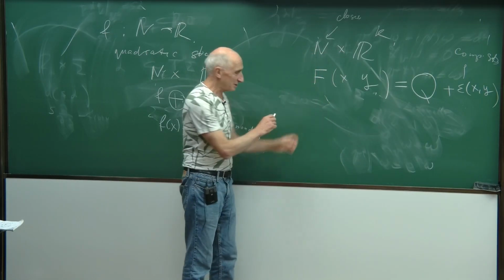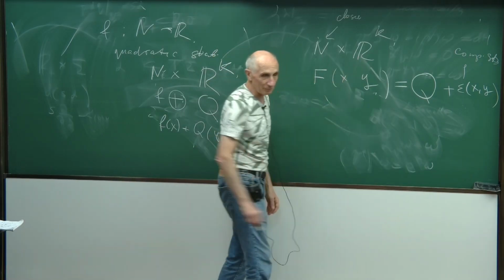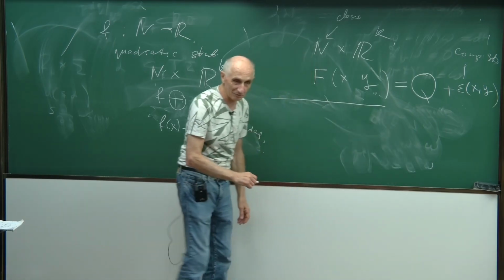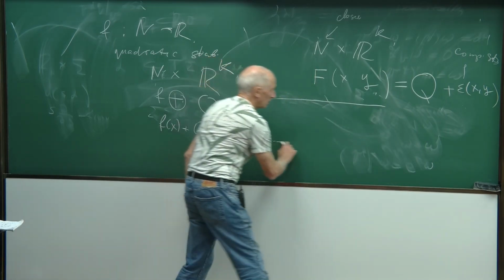So you want this function on this manifold N cross R^k to be what is called a fibration at infinity.